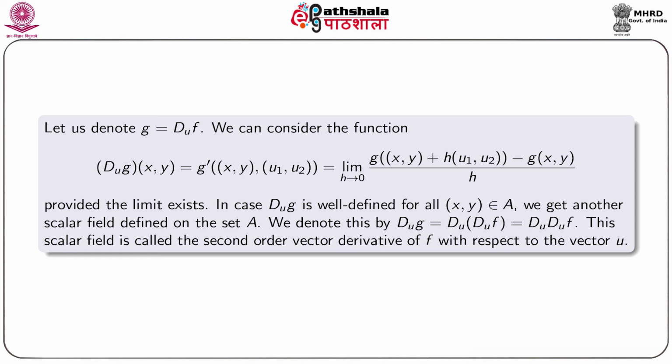In case d_u g is well defined for each (x,y) in A, we get another scalar field defined on the same set A. That is d_u operating on d_u f. This scalar field is called the second order vector derivative of f with respect to the vector u.